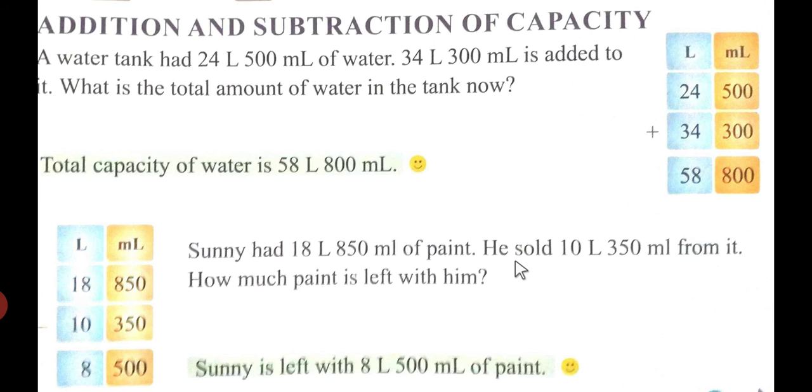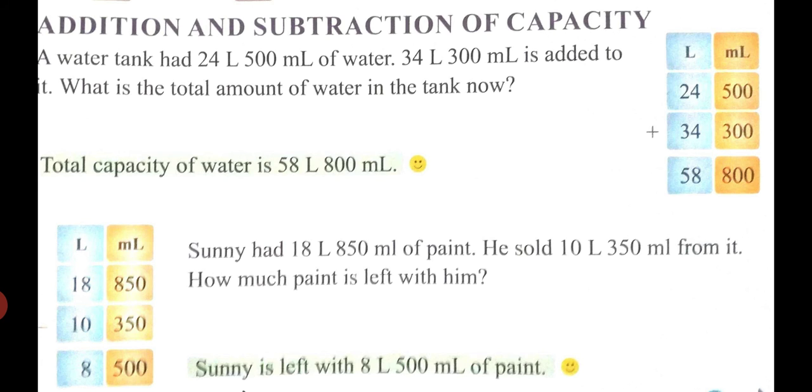So now he sold, that means he has 18 liters 850 milliliters of paint, and afterwards he has sold to a person 10 liters 350 milliliters. So you will definitely subtract it. So 0 minus 0 is 0, 5 minus 5 is 0, 8 minus 3 is 5, 8 minus 0 is 8 and 1 minus 1 is 0.